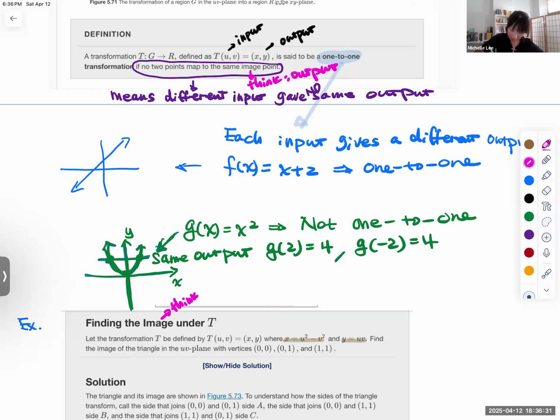So we have T of UV equal to XY, where x equals u squared minus v squared, and y equals uv. Find the image of a triangle in the UV plane with vertices (0,0), (0,1), (1,1). So basically we want to find the transformation.